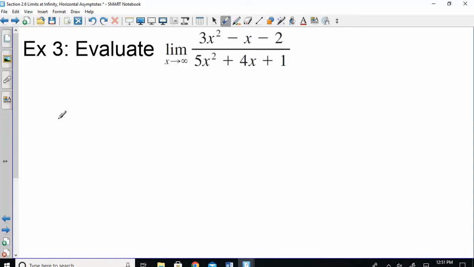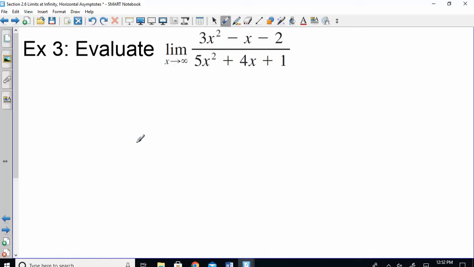This is going to allow us to evaluate some limits that we would not have been able to before. So if I gave you this limit, and I just try to plug in my infinity, I get 3 times infinity squared minus infinity minus 2 over 5 times infinity squared plus 4 times infinity plus 1. Do we have any clue what that approaches? No. If we just have infinity divided by infinity, we can't really figure out what that goes to because it's complex.